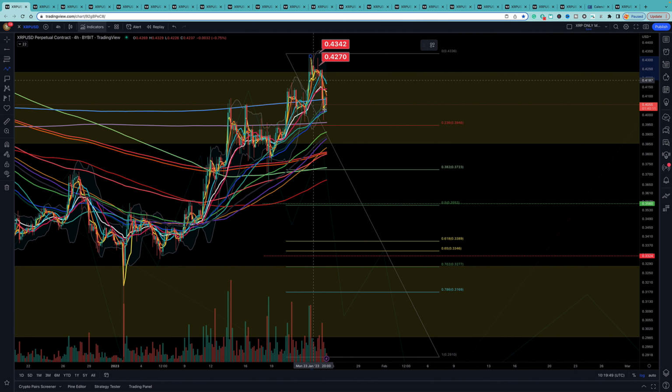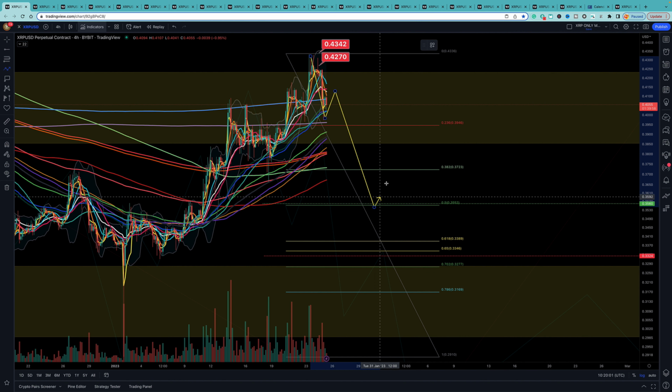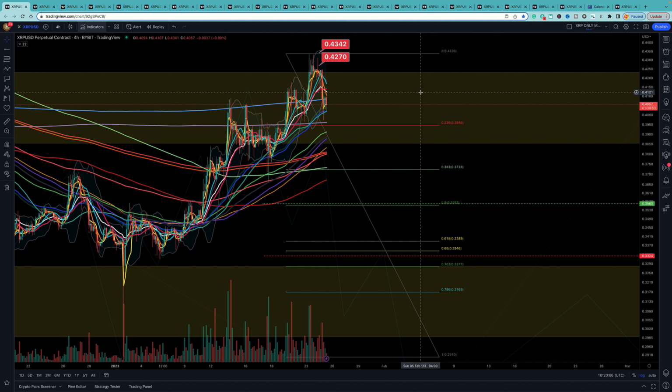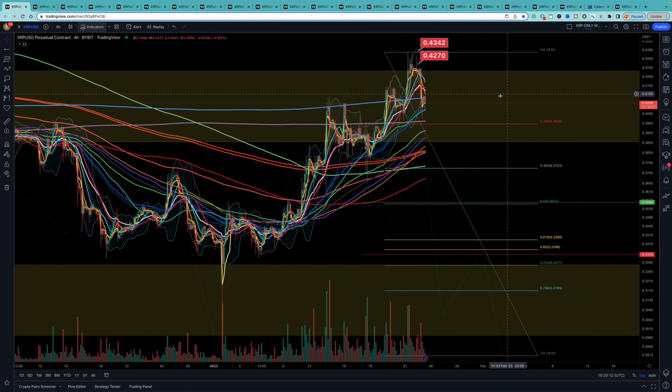If we get something like this, and then a really strong push to the 0.5, it's doing an A, B, C, and if it does it fast, generally it means it wants to continue on up. So we'll see how it behaves. Okay, so that's me for now.